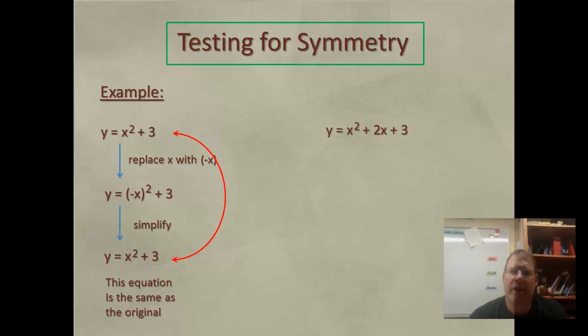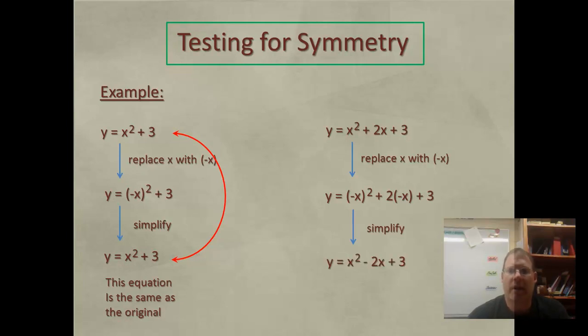On the other hand, if you have an equation that looks like this, and you replace x with a negative x, you end up with this formula. And when you simplify it, that negative x squared becomes positive, but a 2 times a negative x becomes a negative 2x.